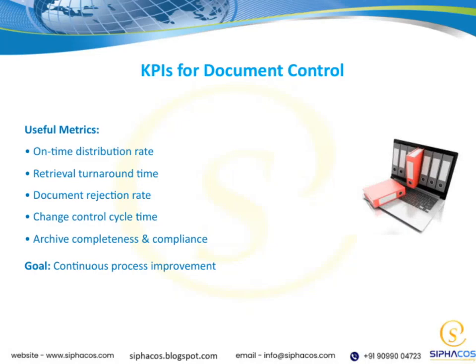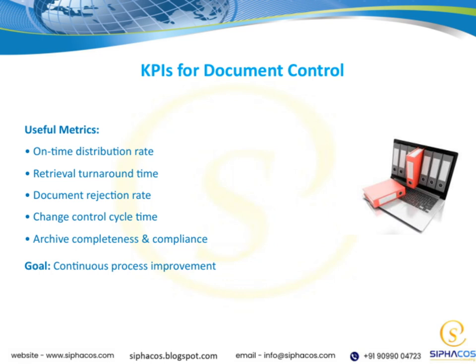Now, let's take a closer look at the KPIs for document control. These are the useful metrics that help us measure how effectively we're managing our documents. First, we have the on-time distribution rate, which indicates how well we're meeting our scheduled deadlines for distributing documents. Next is retrieval turnaround time, showing us how quickly we can locate and provide documents when needed.